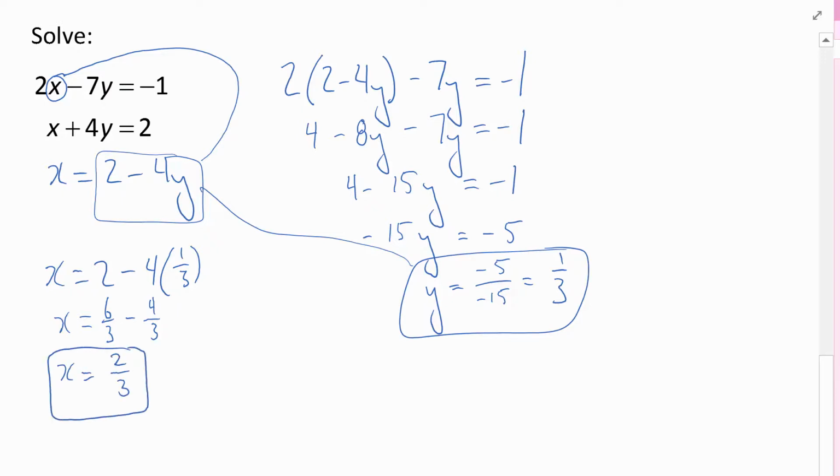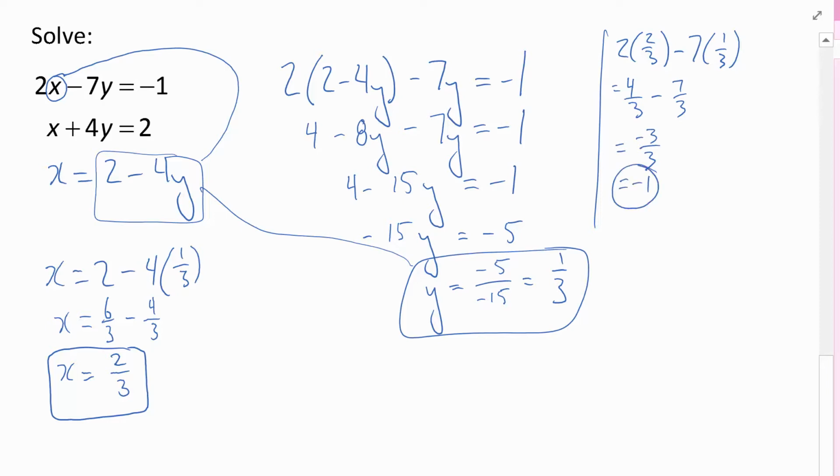Okay, and now we'll want to go ahead and check this. So we will check 2 times 2/3 minus 7 times 1/3. This gives me 4/3 minus 7/3, and that is negative 3/3, or in other words, negative 1. Checks out for the first equation. Let's check the second equation now.